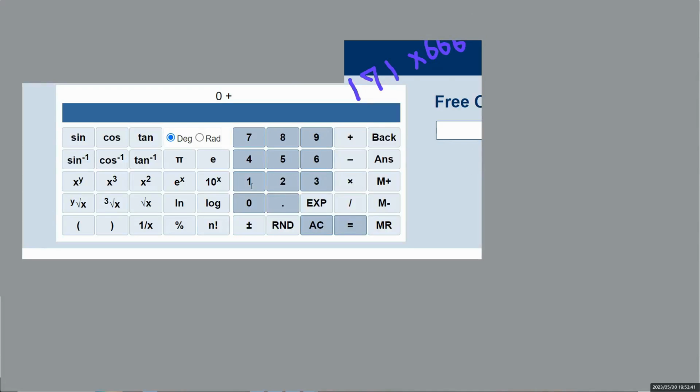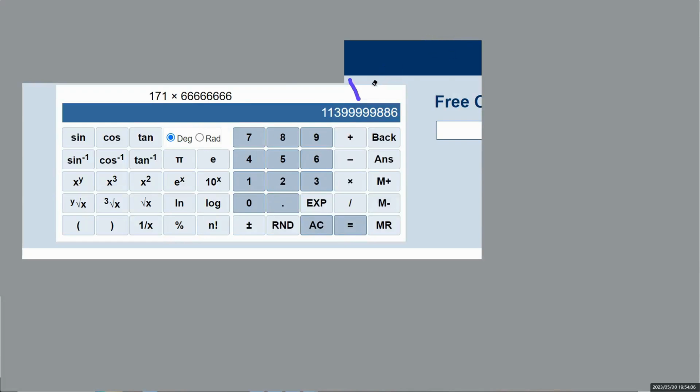So we had 171 times 162636. So from here, a new pattern appears. For each 6, we're going to get a 9, a 9, a 9, and so forth. Okay, so we have this pattern.